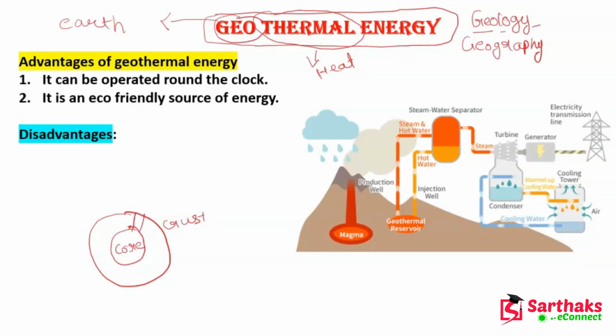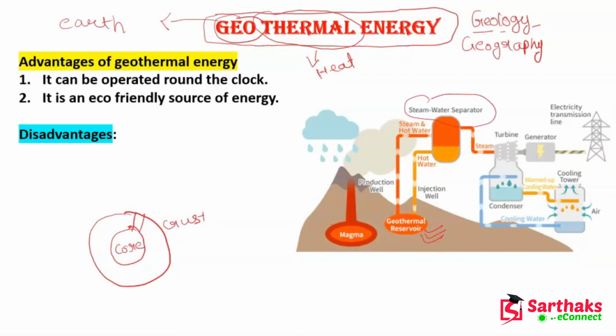This is magma, and this is the geothermal reservoir. It is so hot, so we are using this molten rock, or this heat. This is coming to here, and the water is heated here. This is basically the steam water separator.